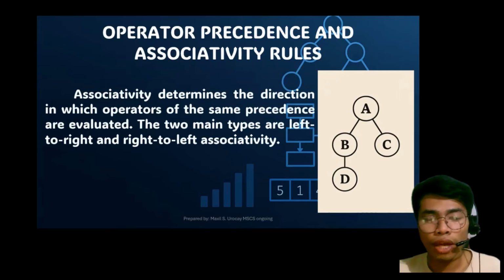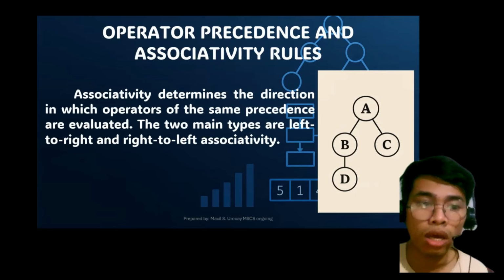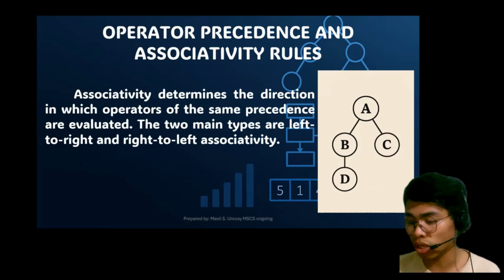So the associativity determines the direction, as I mentioned, in which operators of the same precedence are evaluated. The two main types are left to right and right to left associativity.